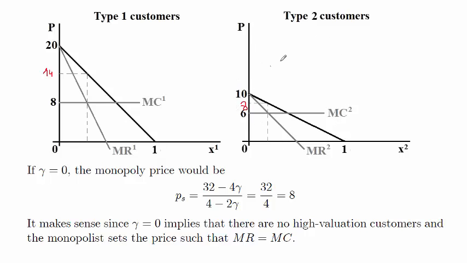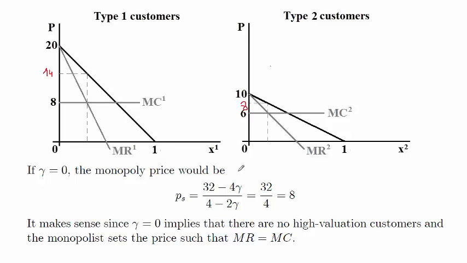And the profit maximizing price is going to be exactly at the quantity which results from the intersection of the marginal revenue and marginal cost curves, which is going to be exactly 8. So this makes perfect sense to us and confirms that our derivations were correct.